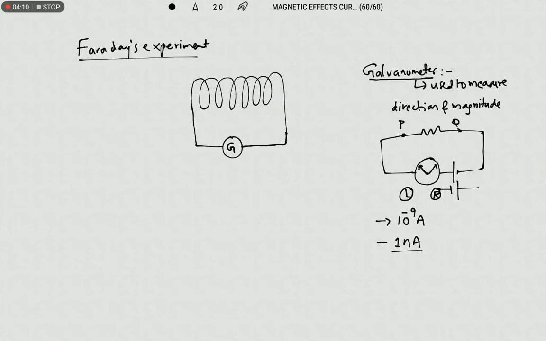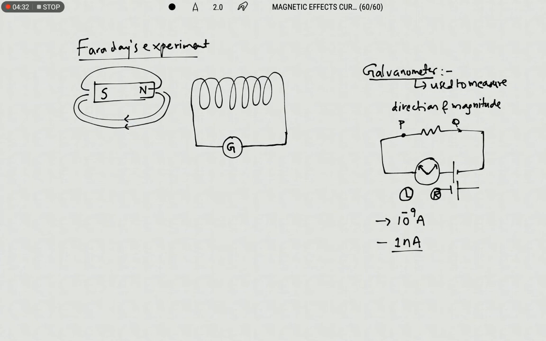So this galvanometer, and it also contains one magnet. So we know that around the magnet the magnetic field exists. Suppose this is the direction of the magnetic field from north pole to south pole, right?